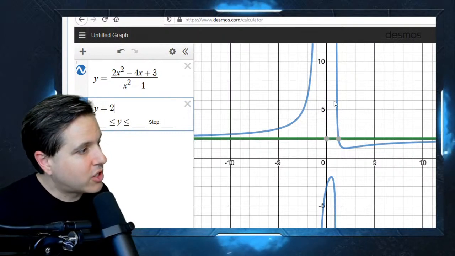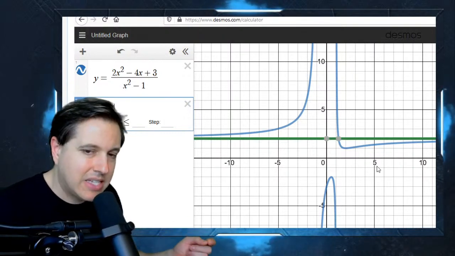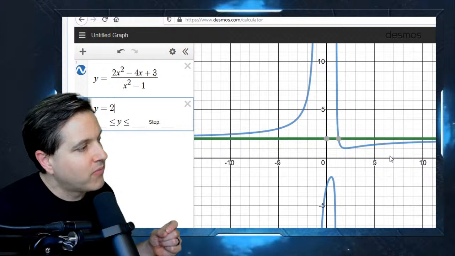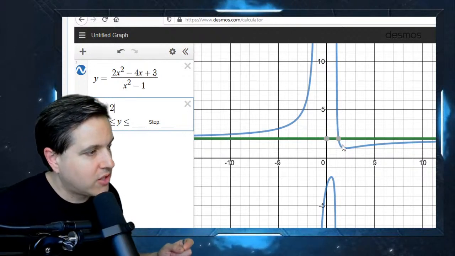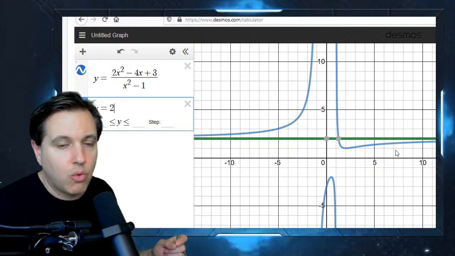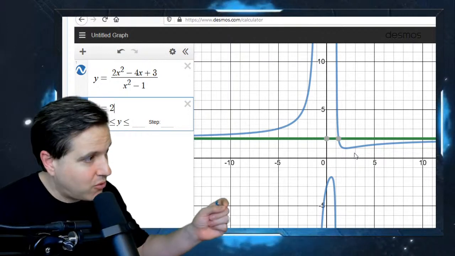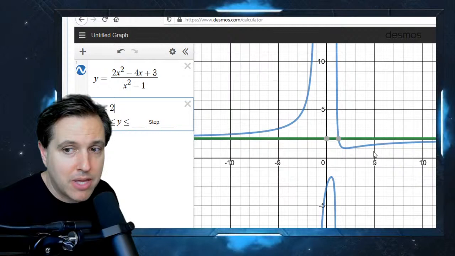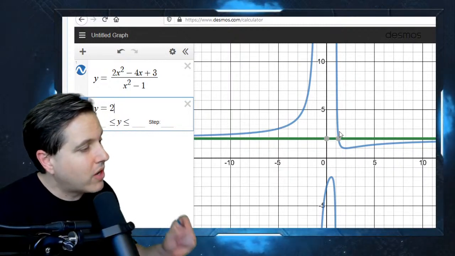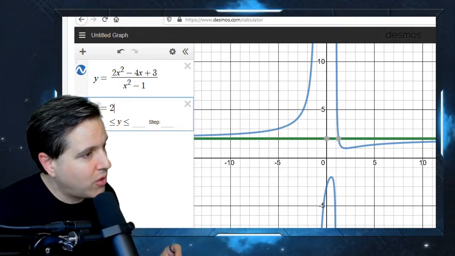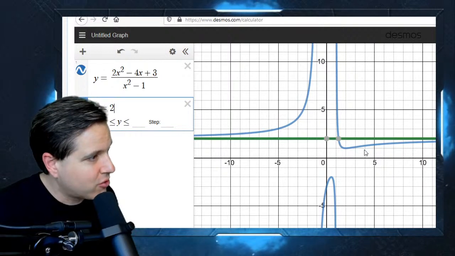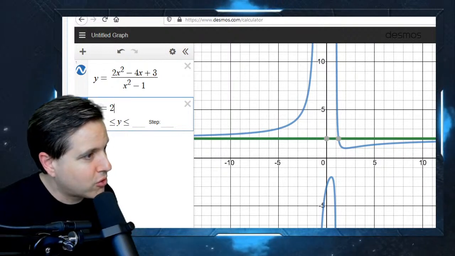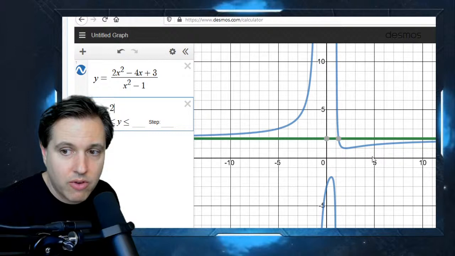But one reason I want to show this is sometimes we get kind of lazy and say things like, well, a function can't cross its horizontal asymptote. Well, a function can, and we see it right here: a function can cross its horizontal asymptote in the middle of the graph. Where it can't cross a horizontal asymptote is towards the ends. See how this graph is coming up and getting closer and closer to the green line right here?